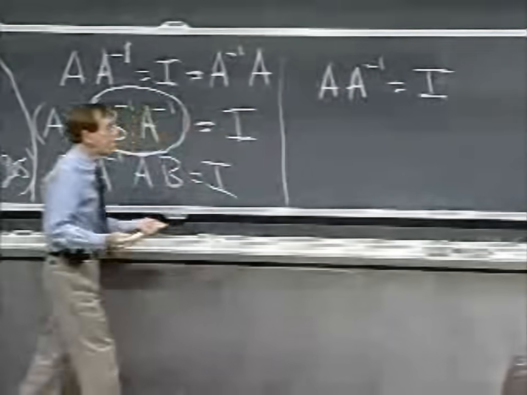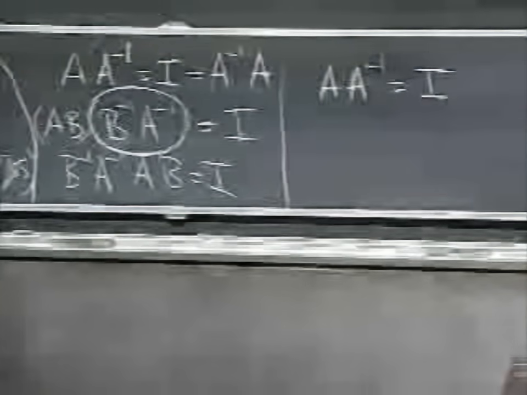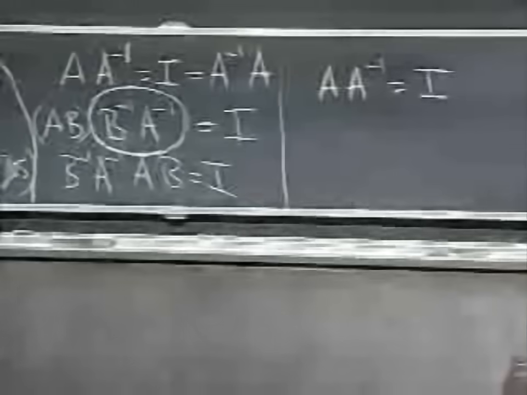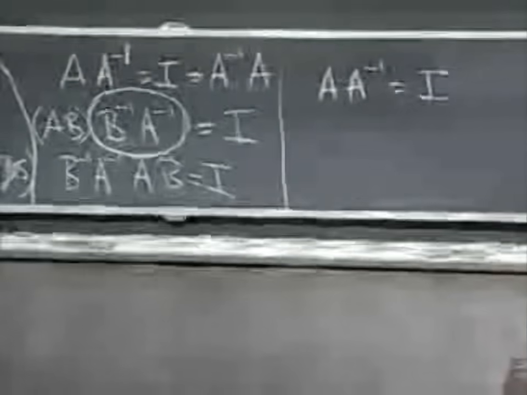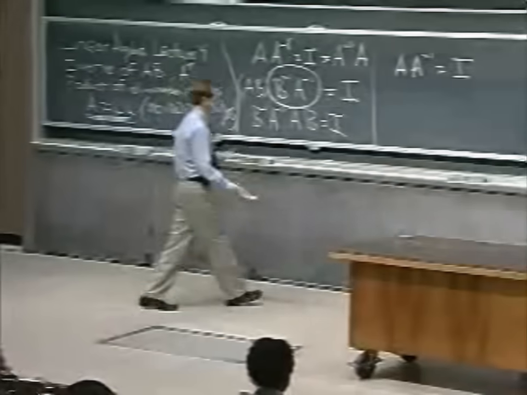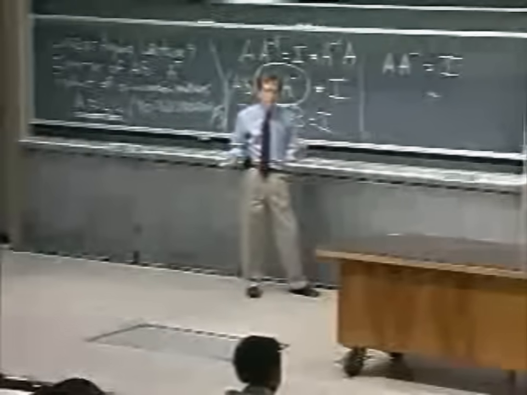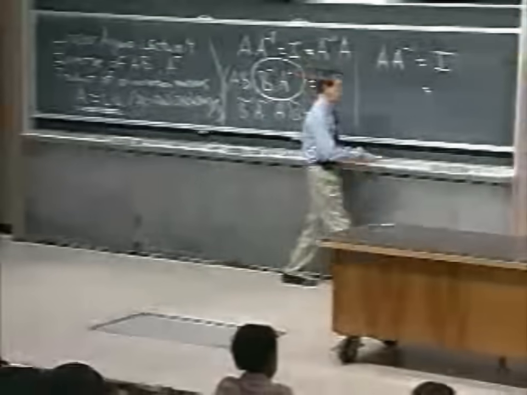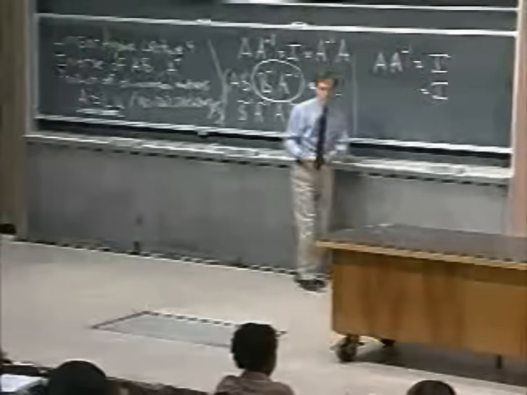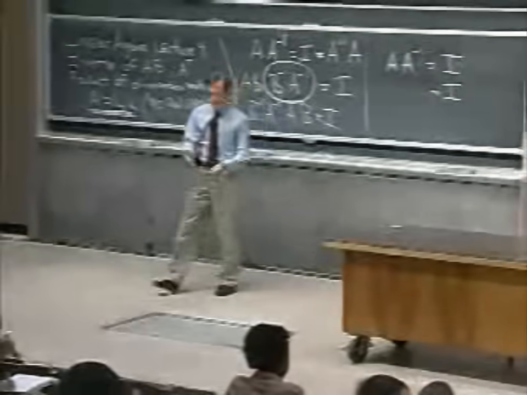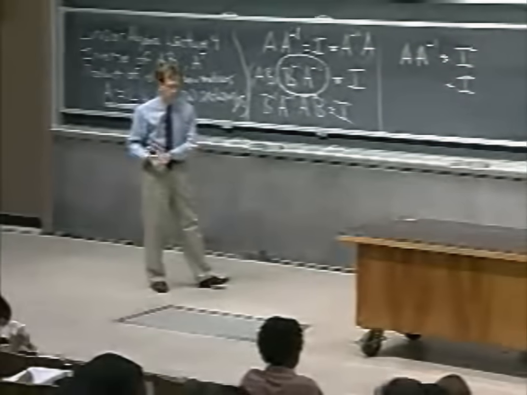And let me transpose both sides. That will bring A transpose into the picture. So if I transpose the identity matrix, what do I have? The identity, right? If I exchange rows and columns, the identity is a symmetric matrix. It doesn't know the difference.